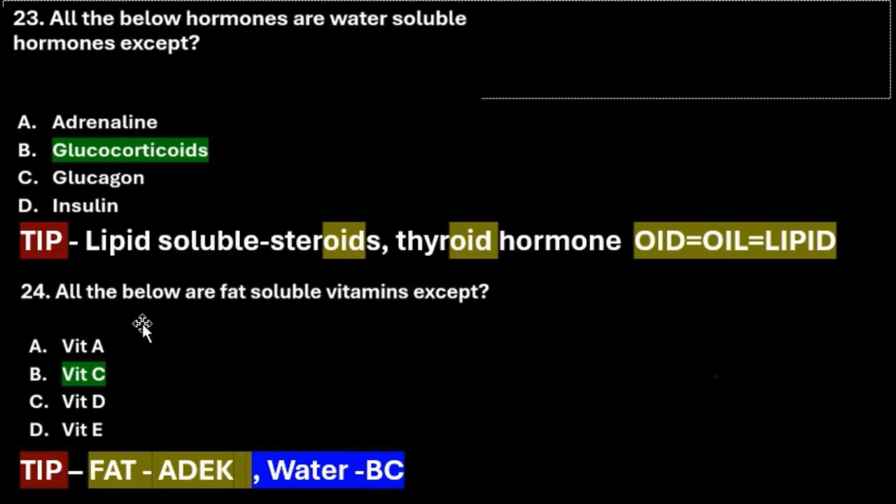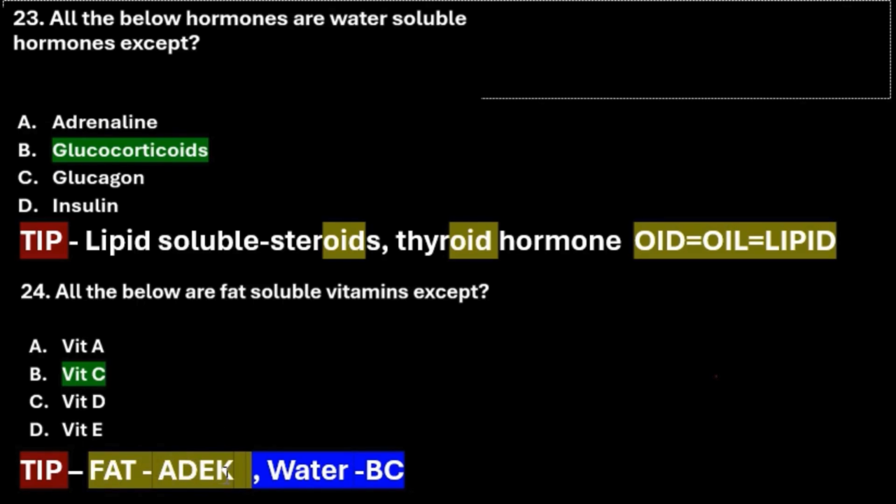are water soluble hormones. Similarly, the next question: all the below are fat soluble vitamins except vitamin A, vitamin C, vitamin D, vitamin E. Most of you know this answer, but from the memory trick point of view, I will explain it. Vitamin C is the right answer, because vitamin C is water soluble, all others are fat soluble.